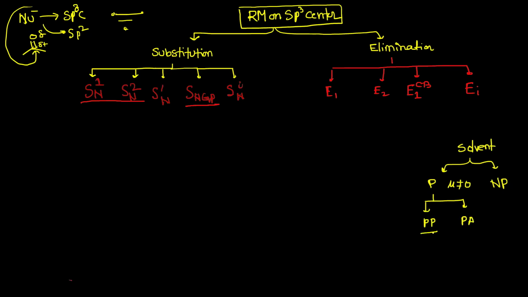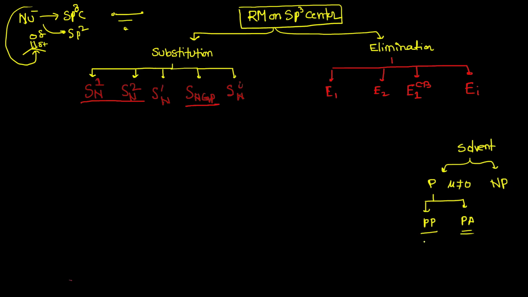Polar protic means those solvents where we get hydrogen bonding. For example, water, alcohol. But polar aprotic means no hydrogen bond is there. For example, DMF, dimethyl formamide, and DMSO, dimethyl sulfoxide. Okay.